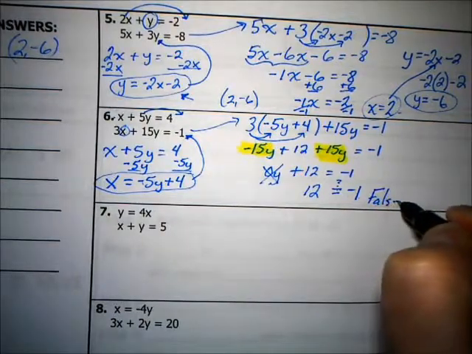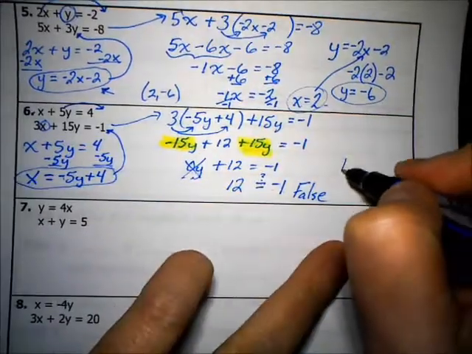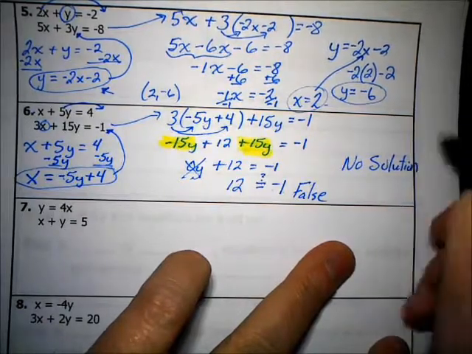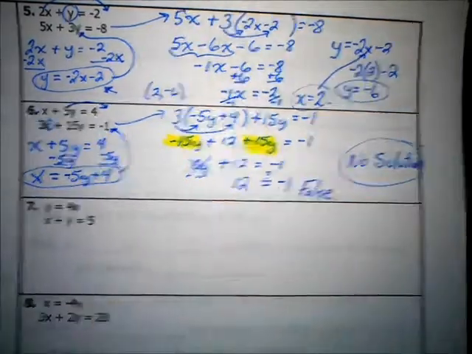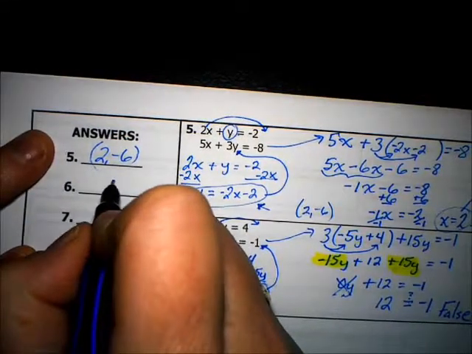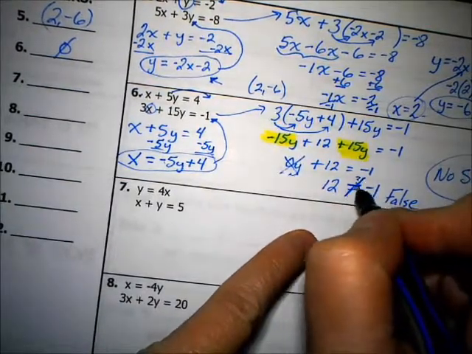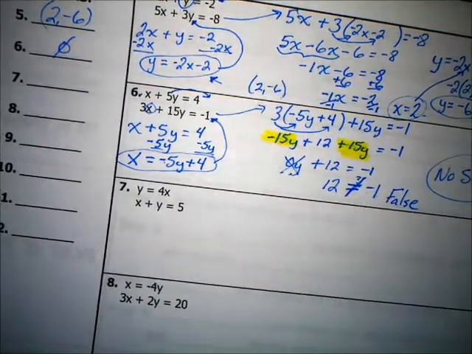That's a false statement. So that means this is a no solution. Okay, no solution is your answer. So over here in the blank, I'm going to put the no solution symbol. Since these do not equal, this is a false statement.